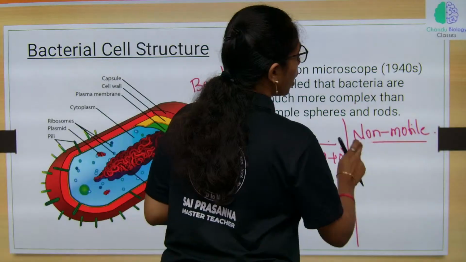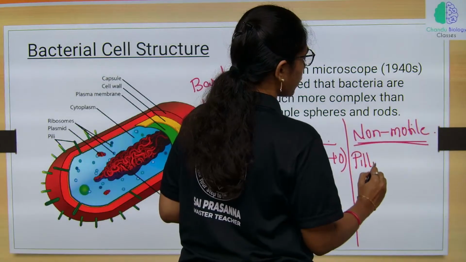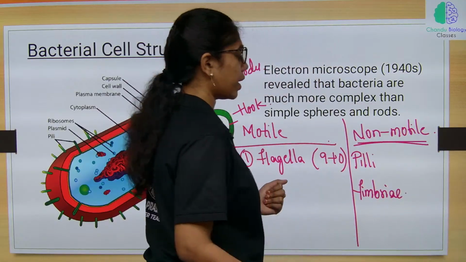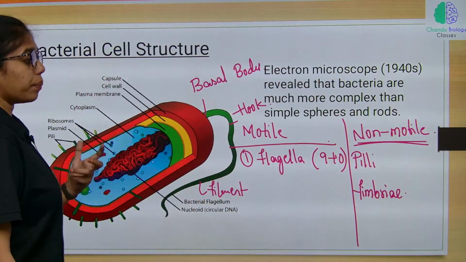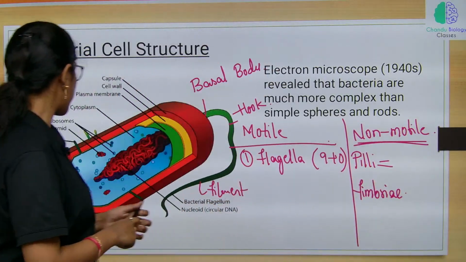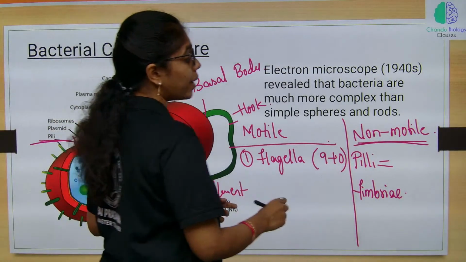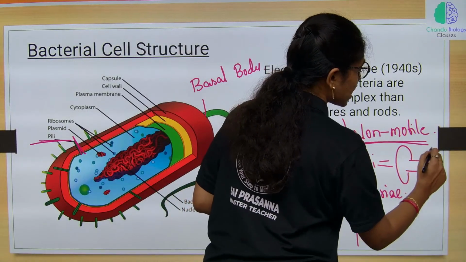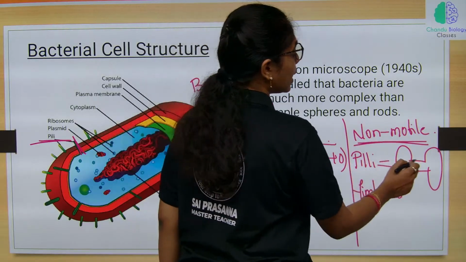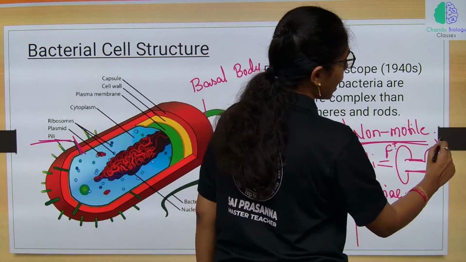Next is non-motile structures. Non-motile structures include pili and fimbriae. Pili are straight pointed structures which help in the attachment to the substratum, and pili also act as sex pili to conduct sexual recombination, that is conjugation, which links two different strains of bacteria, that is F plus and F minus strain.